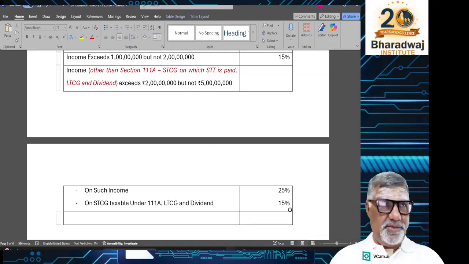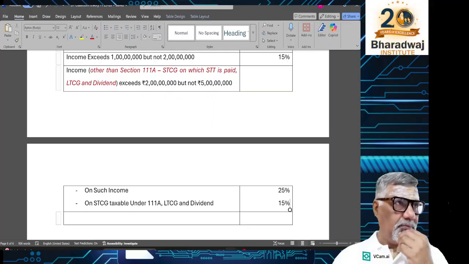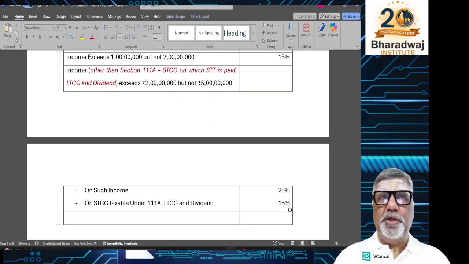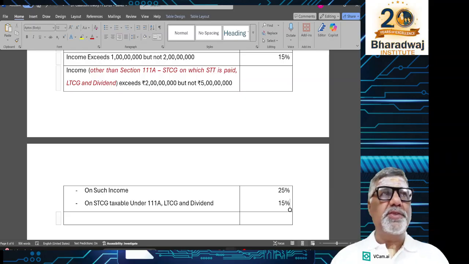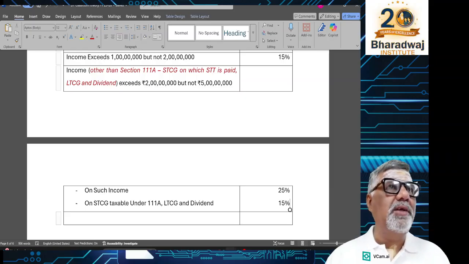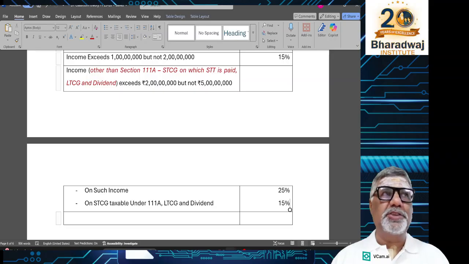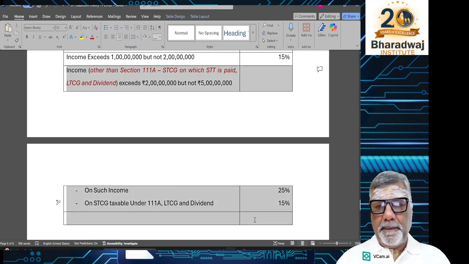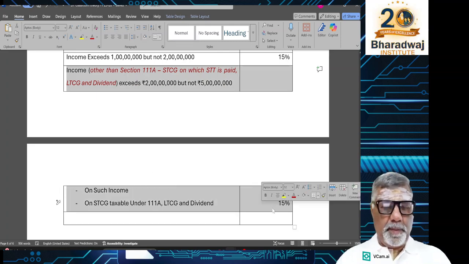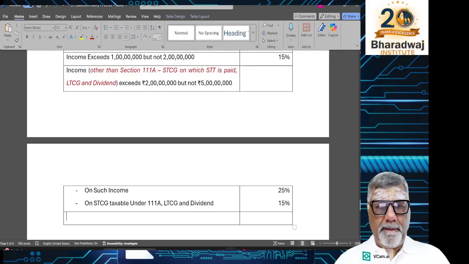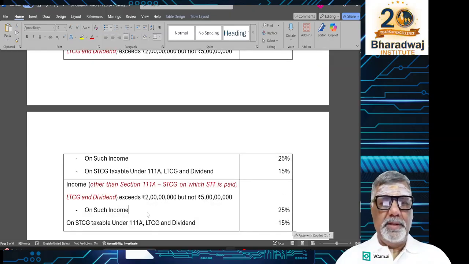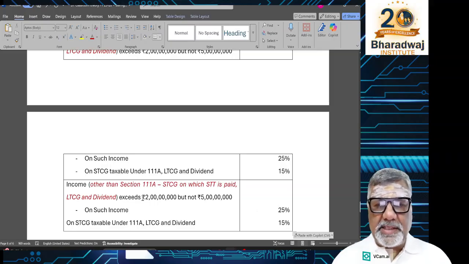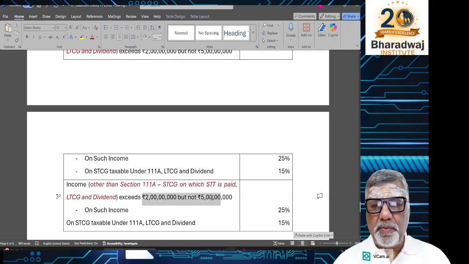For these three things or four things technically, because LTCG is also divided into two, 15% is the rate of surcharge. Am I clear to you? The same statement we are repeating. It exceeds 5 crores.